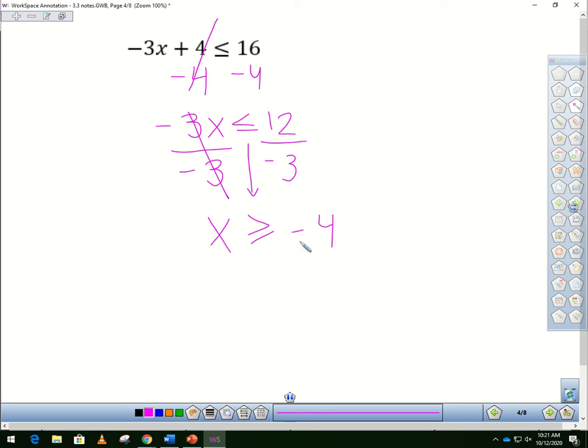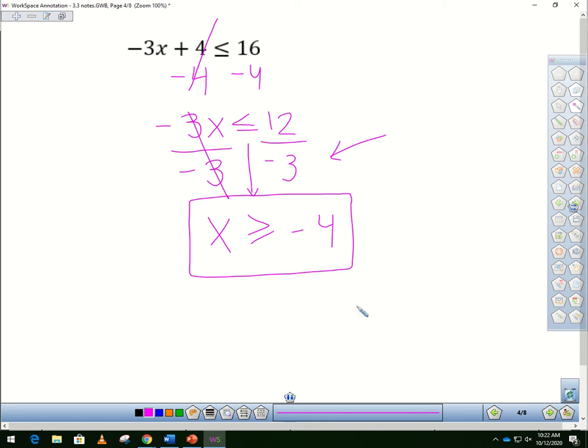If you divide by a negative number, you need to flip your inequality sign. That's the rule. So when you divide by a negative, flip your inequality sign. This is your answer. Very important.